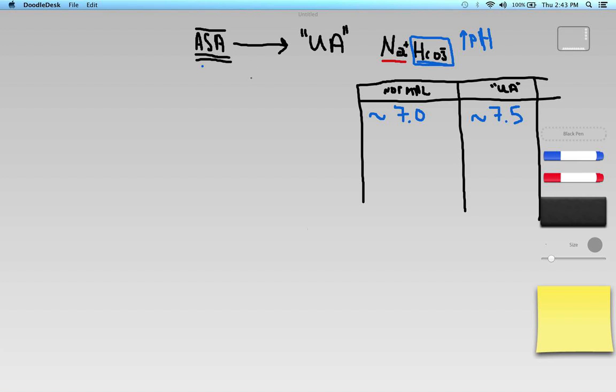So what I'm going to do now is dive into the quantitative basis of that, and it's going to go back to the pKa. Remember, that's just the negative log base 10 of the Ka value. The pKa of aspirin is about 3.48, but I'm just going to round it for simplicity's sake to 3.5.